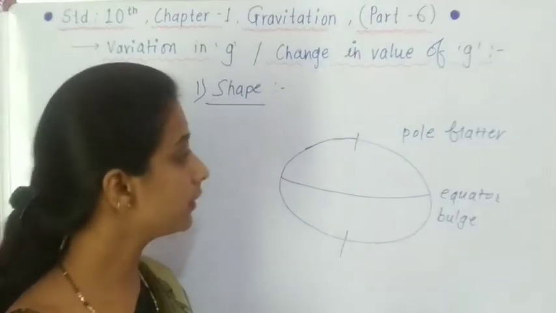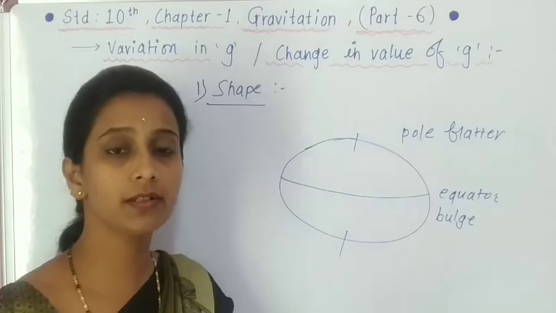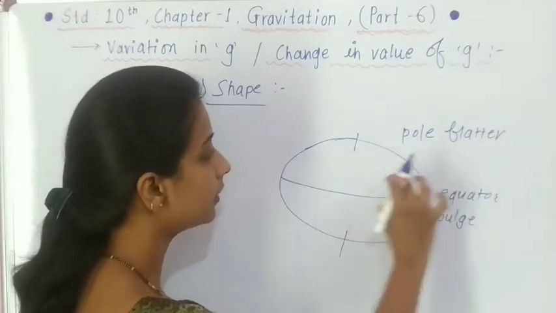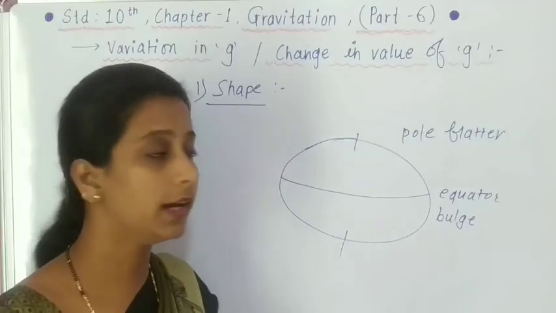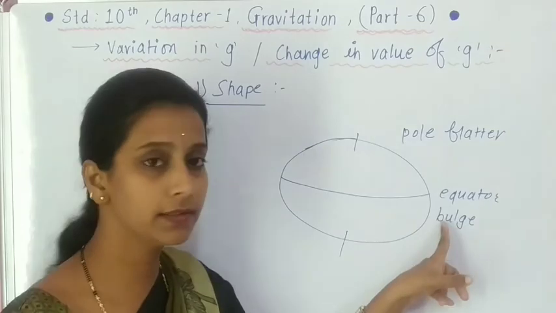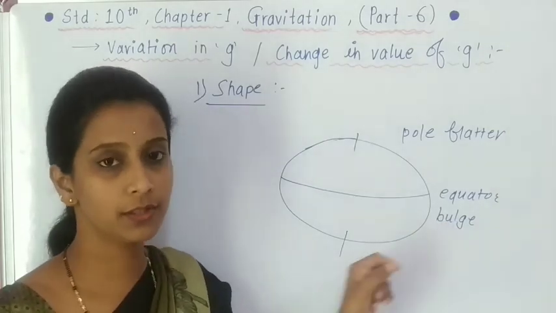We know earth is mainly divided into polar regions and the equatorial region. These are the polar regions and this is the equatorial region. Earth is flatter at the polar region and bulgy at the equatorial region.